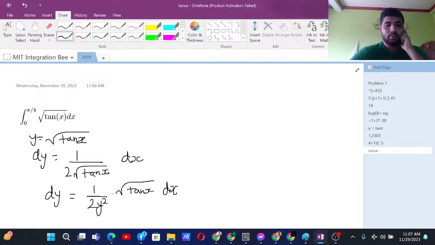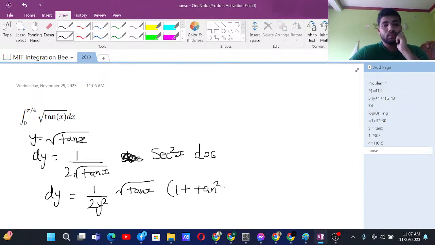We will also have something else over here as well. We will have sec square x dx. And now this sec square x will be sec square theta equals 1 plus tan square x, 1 plus tan square x dx.